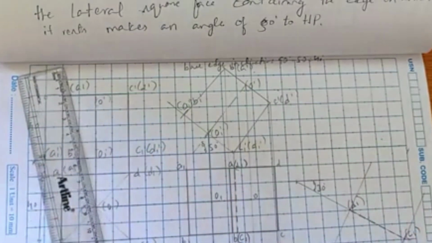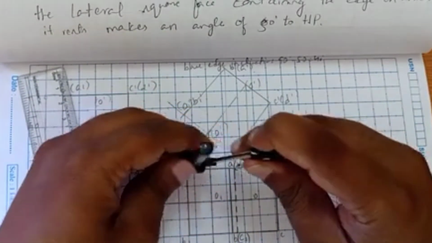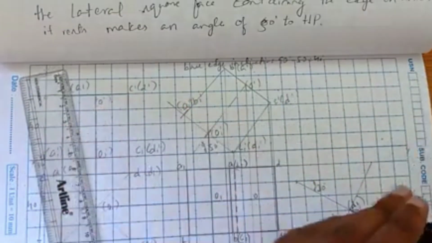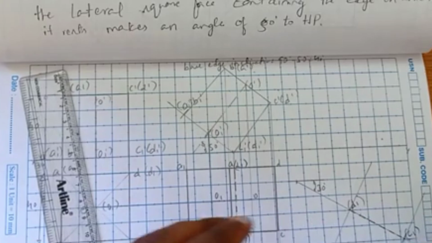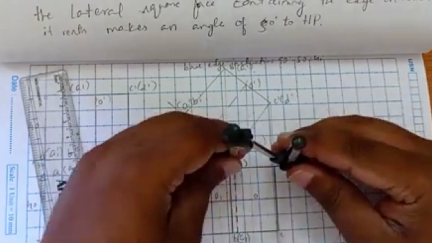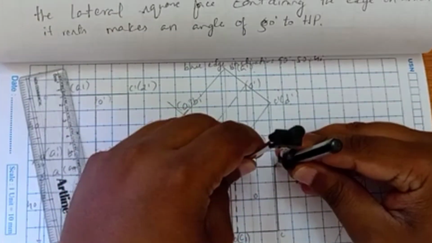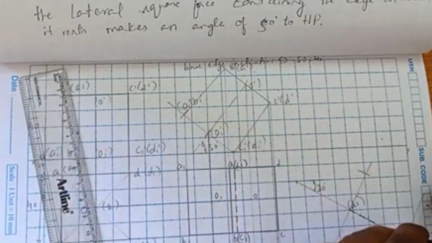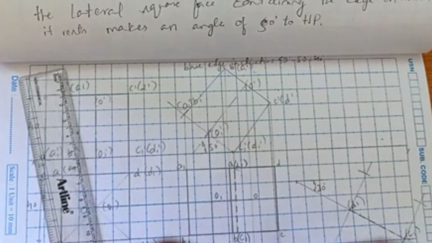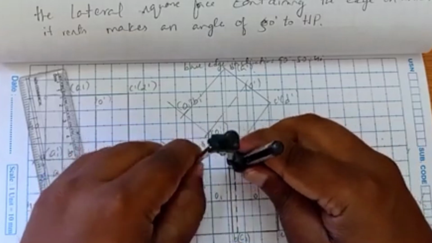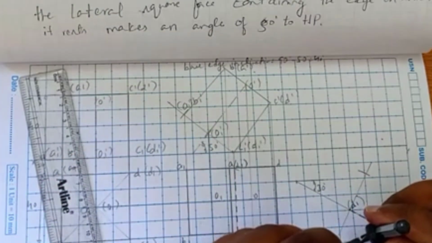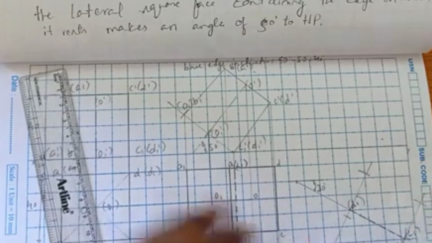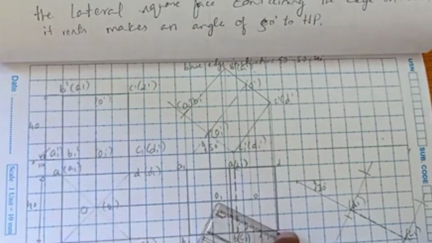So now we are going to cut the arc. So we can join it.